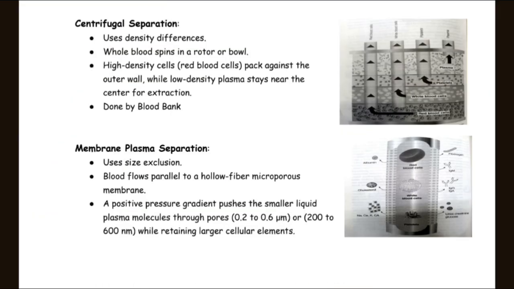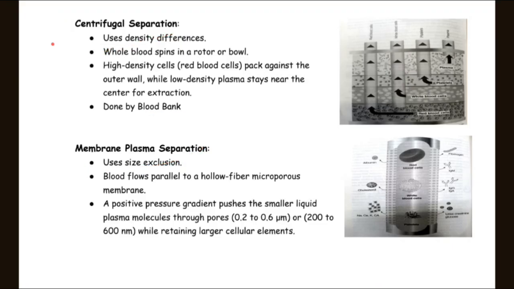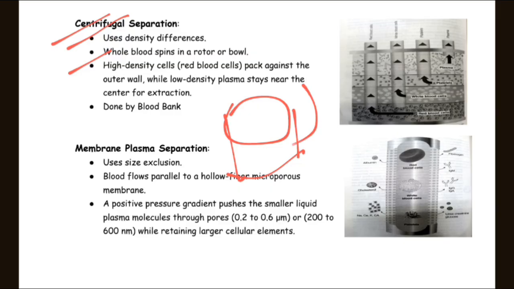The two processes of doing PLEX are different. Centrifugal separation uses density difference. Whole blood spins in a rotor bowl, a cylinder-type structure which spins around, then all the components of blood are separated by density.